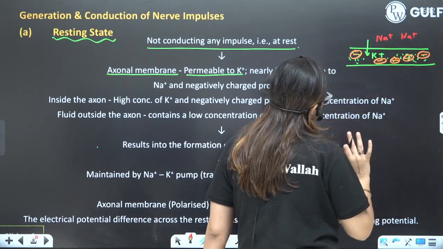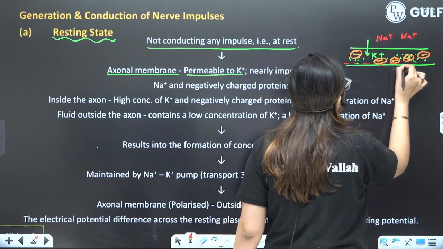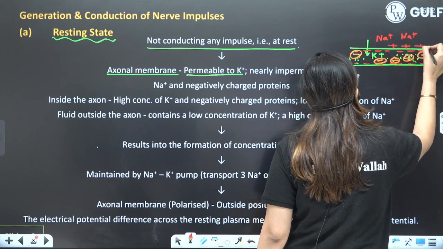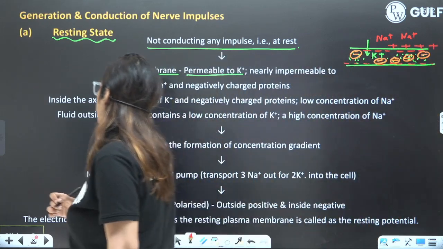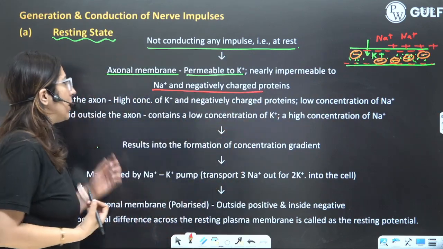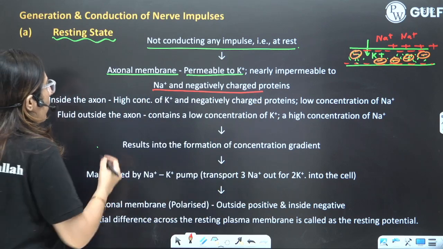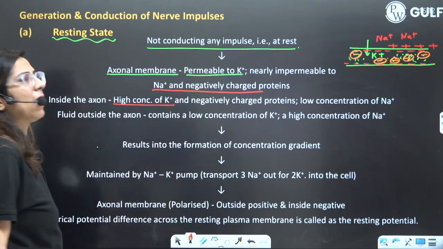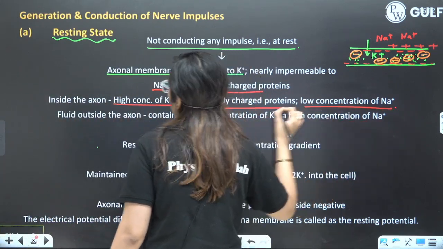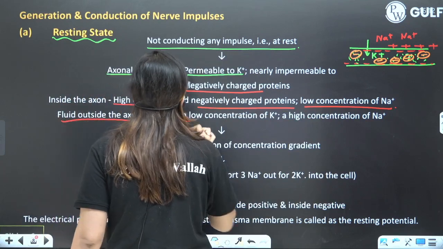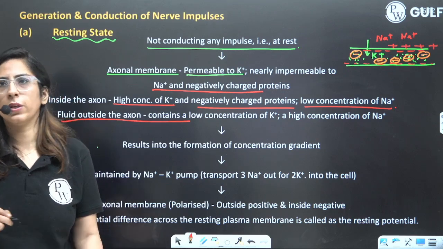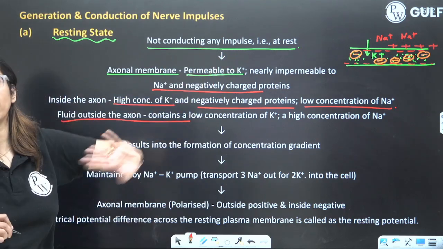Here the negative charge is more, so inside it is negative and outside, towards the extracellular region, it is positive. Now listen, nearly impermeable to sodium ion and negatively charged protein. Inside the axon, high concentration of K plus, negatively charged protein, low concentration of sodium ion. The fluid outside the axon contains a low concentration of potassium and a high concentration of sodium. This point I have explained with the help of this diagram.